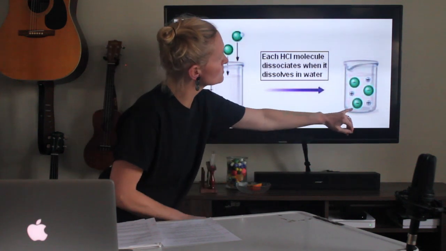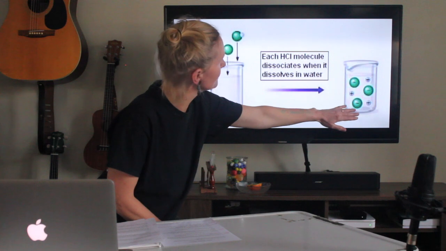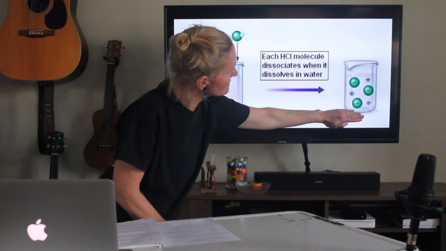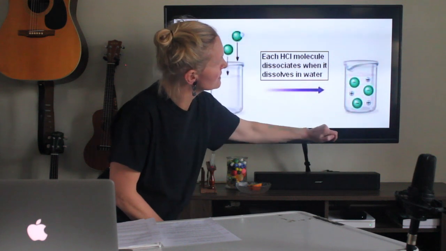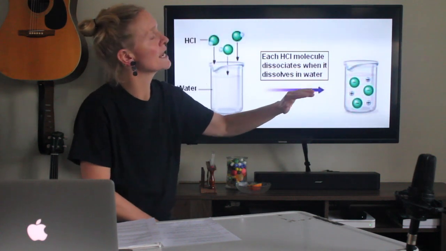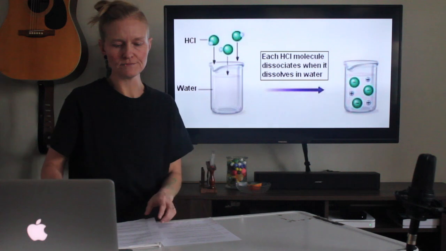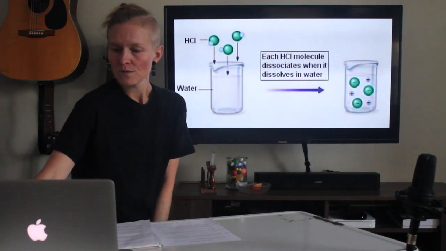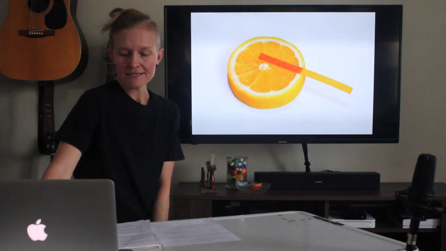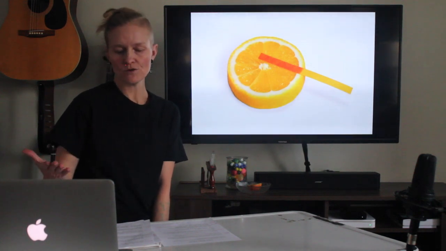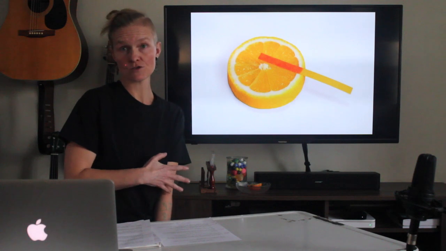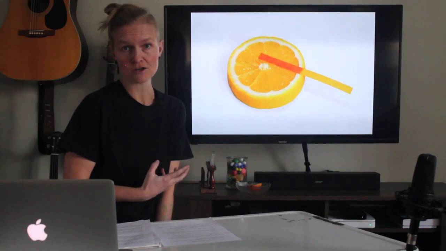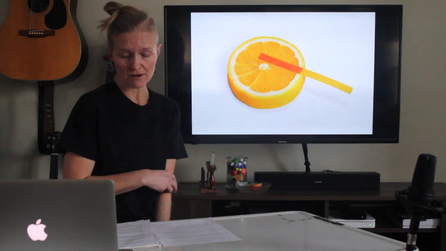It's not super clear on this slide, sorry about that, but the acid in water will break apart into its ions, or its electrolytes. So an acid is sour in water because it dissolves in the water and dissociates into its ions or electrolytes. This is what makes it a good conductor of electricity, actually, because it dissociates into its ions.